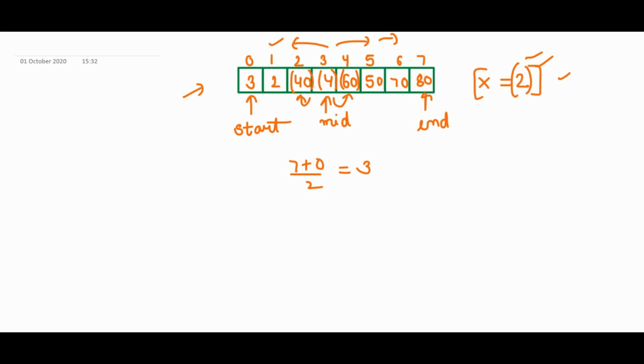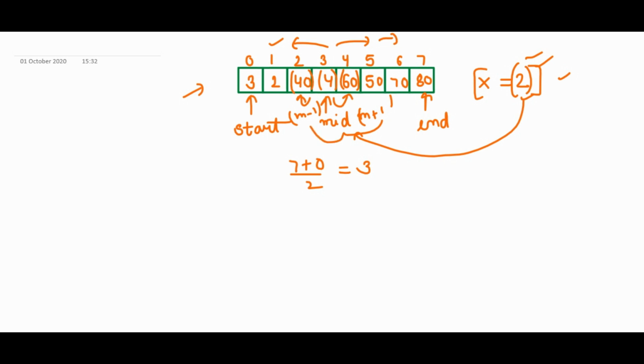Okay. So this is what we have to do. We have to check this element with the mid element, the mid plus 1th element, and the mid minus 1th element. Okay. If we get the element in any of these positions, we will return that index.